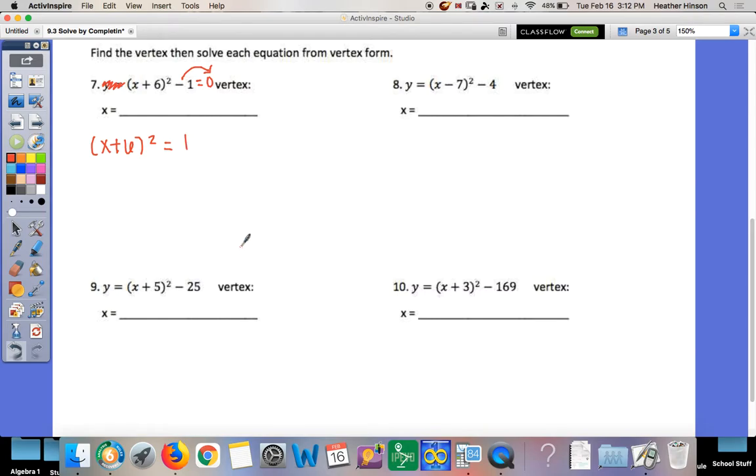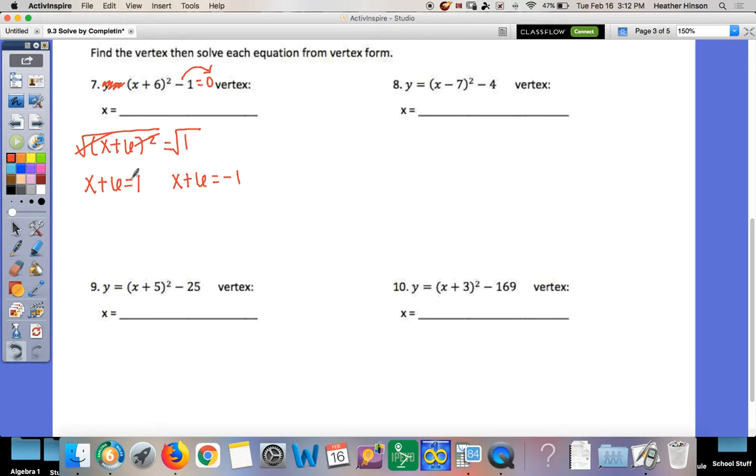So positive 1. Then we don't FOIL this. We get rid of the squared by square rooting it. So that'll cancel out your squared and leave you with x plus 6. And I'm writing it twice because the square root of 1 is a positive 1 and a negative 1.